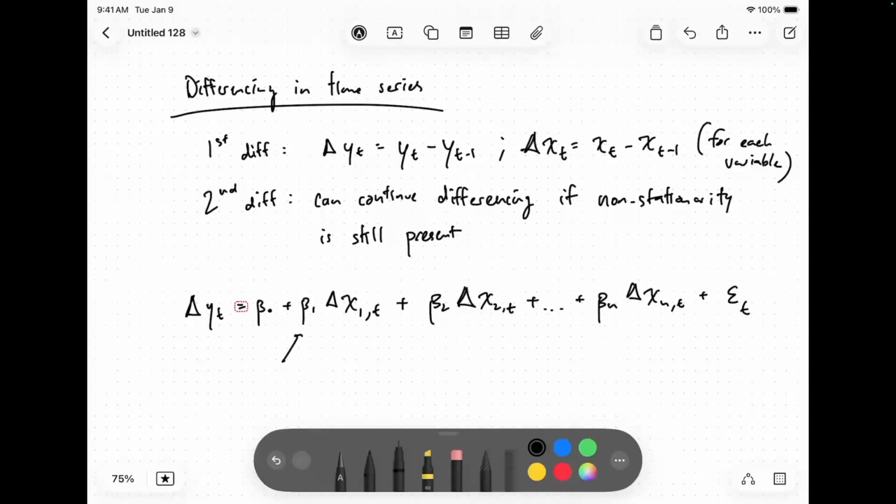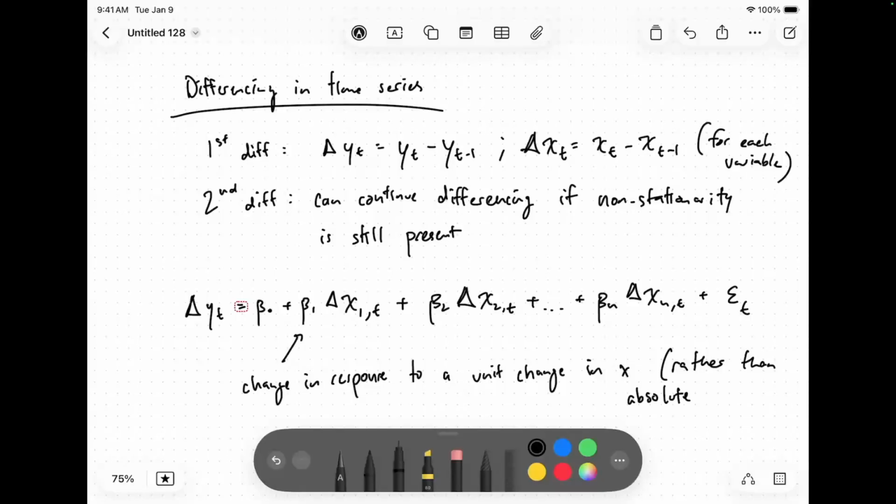The beta corresponds here to a change in response to a unit change in x, rather than absolute levels. Okay?